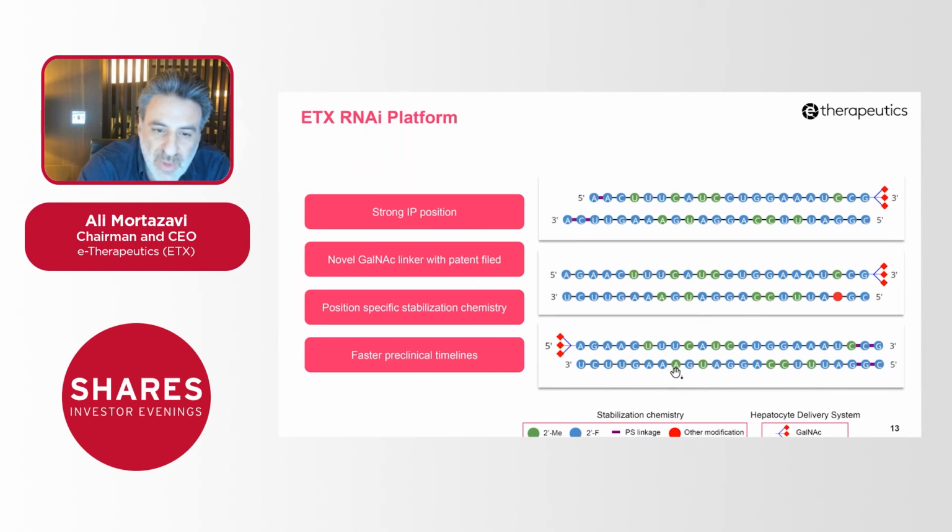So we're talking about a quantum step difference in terms of timelines, costs, specificity, and the ability, at least in certain parts, to completely change the timelines of drug discovery and drug development using genetic sequences.